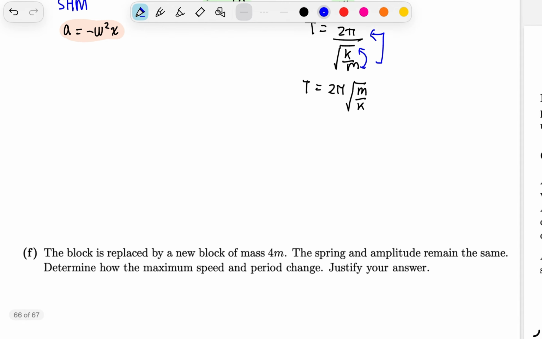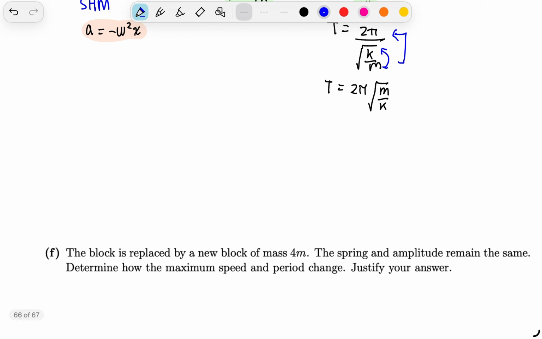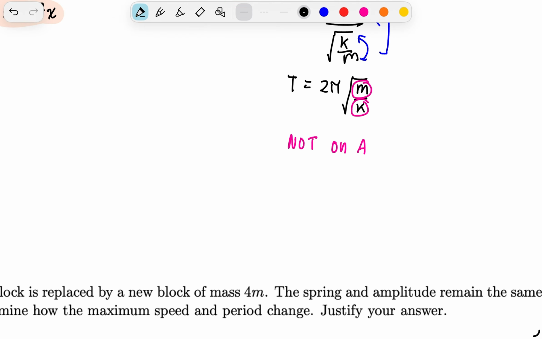We can see from this equation that our period depends on two variables, our mass and our spring constant, not on amplitude, which is a question they usually ask. What happens if you change the amplitude? If you change how much you pull the spring from equilibrium, how does that change the period? It doesn't affect it. Only your mass and your spring constant do.